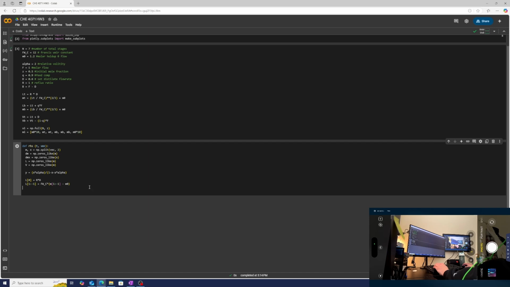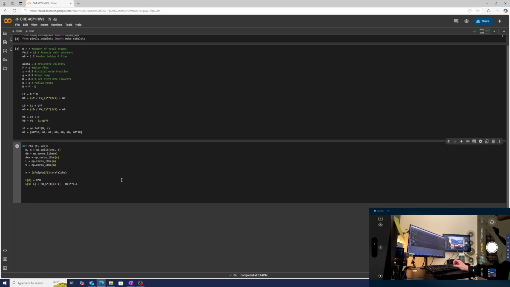So this will calculate our liquid change for our second stage all the way up to our second to last. But this needs to be to the 3/2 power, or 1.5. So we get that.